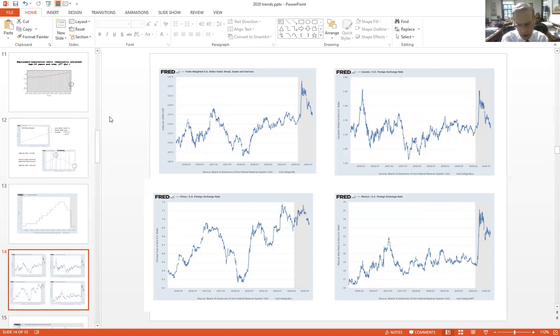And frankly, at the beginning of the recession, the dollar's value rose sharply. But as the dollar became abundantly available, you can see that it was not worth as much in terms of other currencies as it had been.